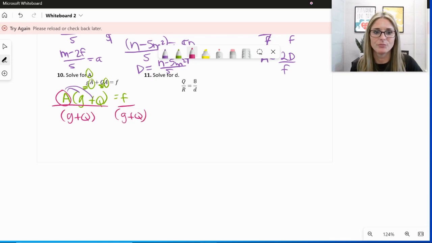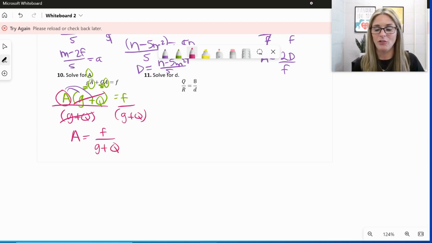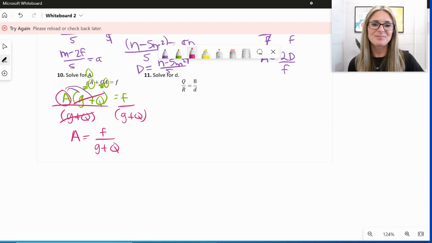The G plus Q is going to cancel. We will have A equals F divided by G plus Q. If you have 2 letters, the letter that you're solving for, see if you can do this backwards distributive property. Again, it's called factoring, and you're going to learn all about factoring here pretty soon.